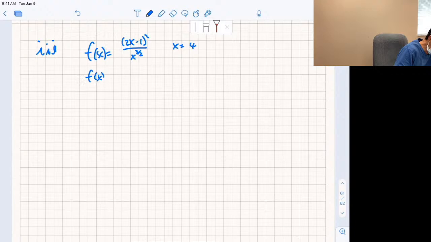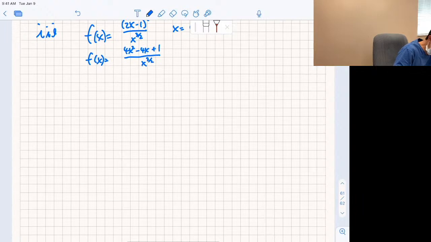So for me, I expand the top. I expand the top carefully and get 4x squared minus 4x plus 1. Some people thought it was 4x squared minus 1, but it's actually 4x squared minus 4x plus 1, over x to the 3 over 2.